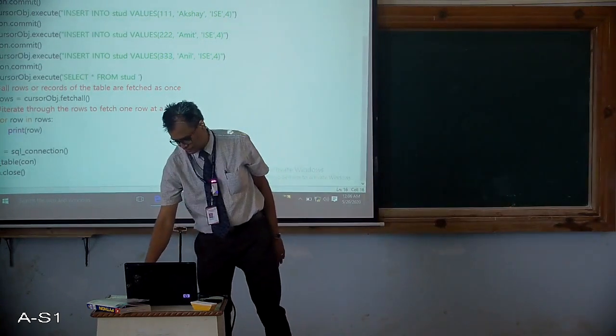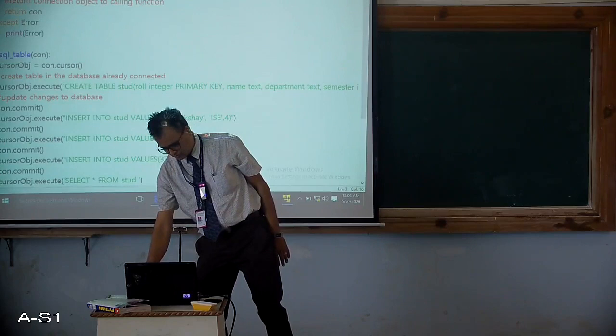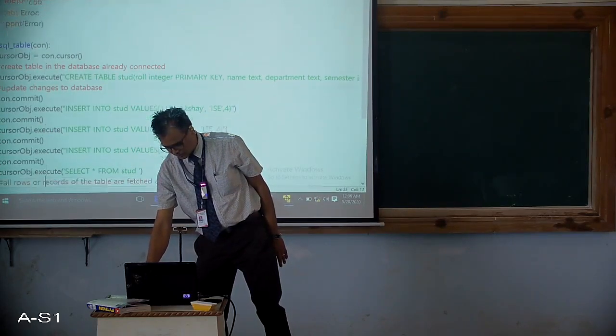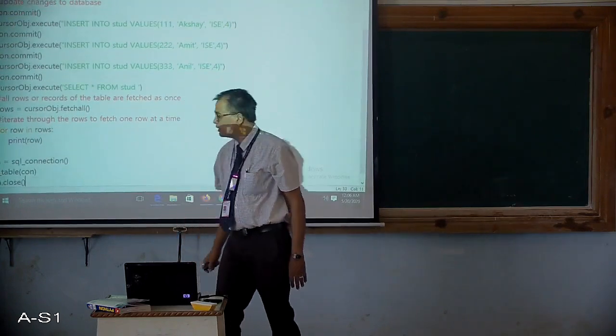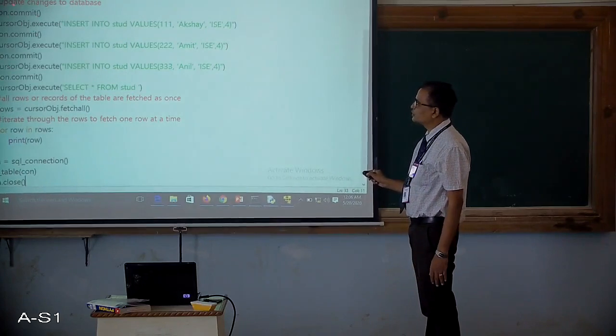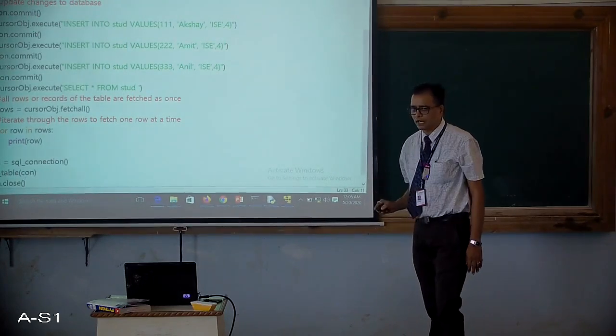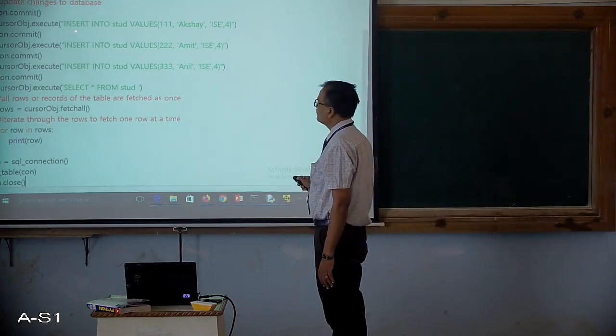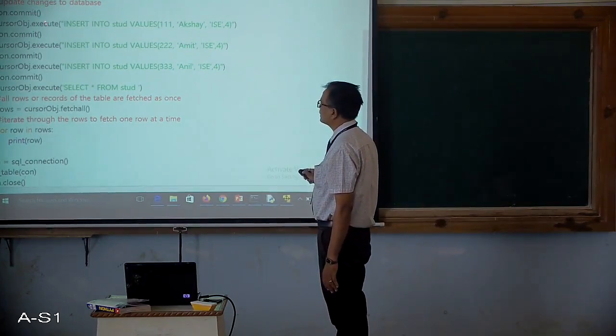The database is mydatabase.db. In mydatabase.db, this particular table gets created. Once the table gets created, you will have to execute commit, because that table has to be added to the database. Then we will start inserting the records, like insert into student.